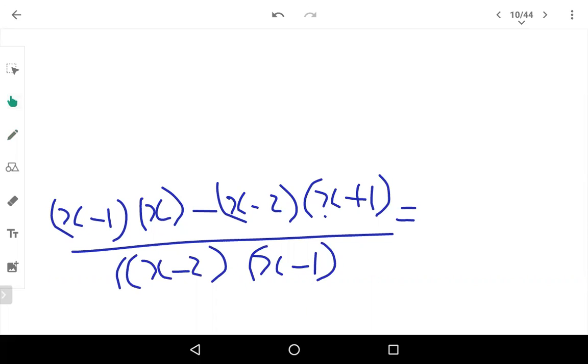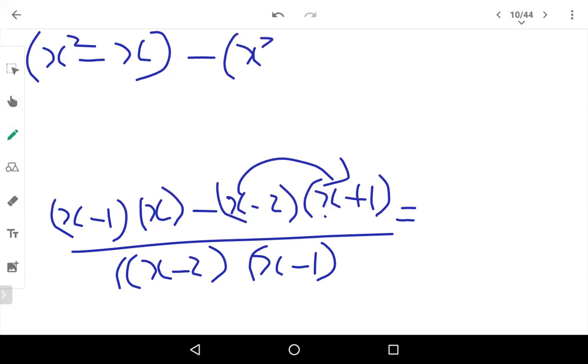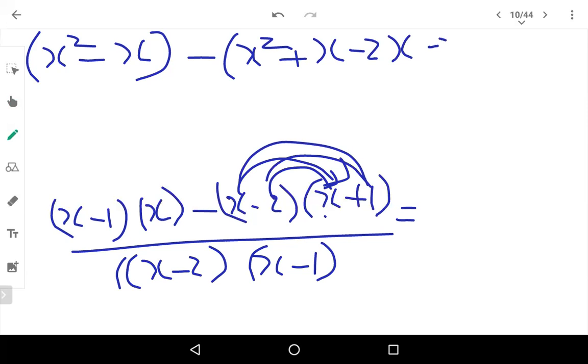Now let us multiply first. x into x will become x square, and then minus 1 into x will be minus x. So this is the first expression. Then minus, take the second expression: x into x will be x square, x into plus 1 is plus x, minus 2 into x is minus 2x, minus 2 into 1 is minus 2.